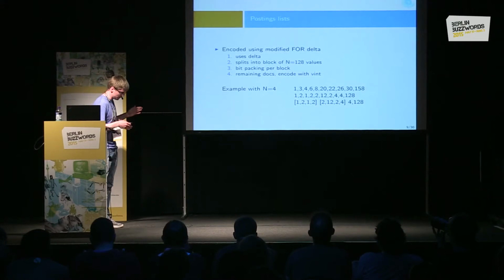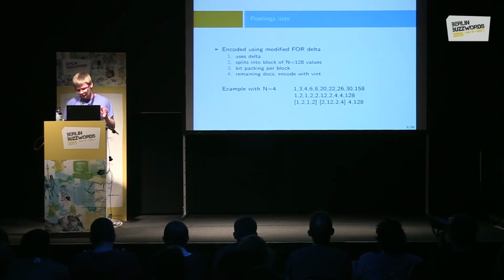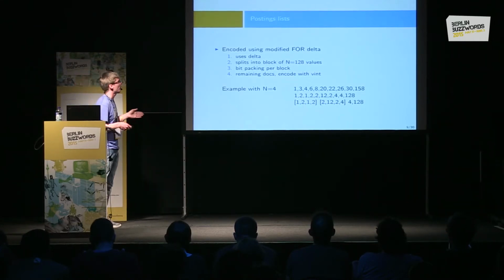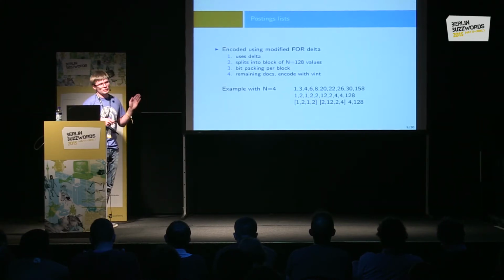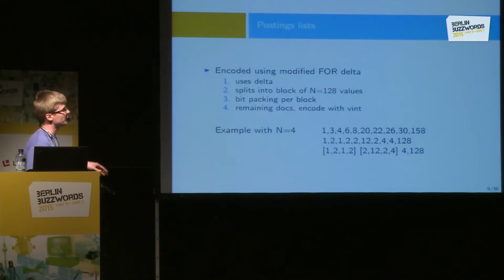Let me explain how the posting list is encoded in Lucene 5.0. Lucene 5.0 is the default codec for Lucene. Lucene uses encoding with the frame of reference delta algorithm. It uses deltas. It doesn't store original values, it stores only deltas.